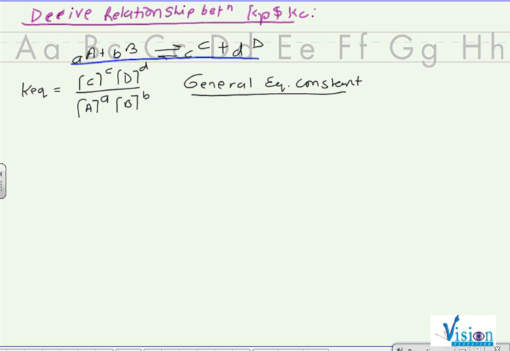If all the given reactants are in liquid form, at that time the concentration which we take is, instead of writing square brackets, we may write concentration of C raised to c, concentration of D raised to d, concentration of A raised to a, and concentration of B raised to b.